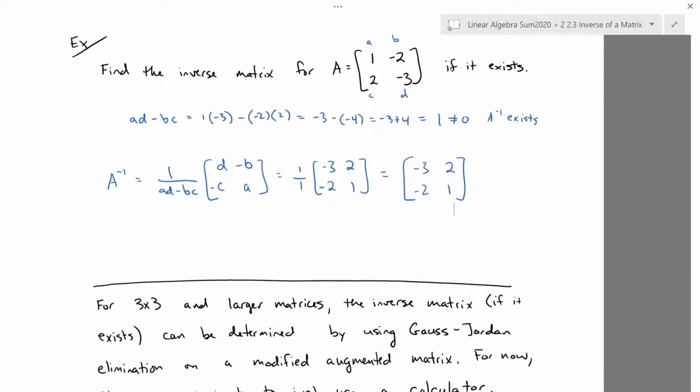Okay, so it's always a good idea to check if you have the right inverse, right? So A inverse times A should give you the identity matrix. Right, so let's check by doing the multiplication.